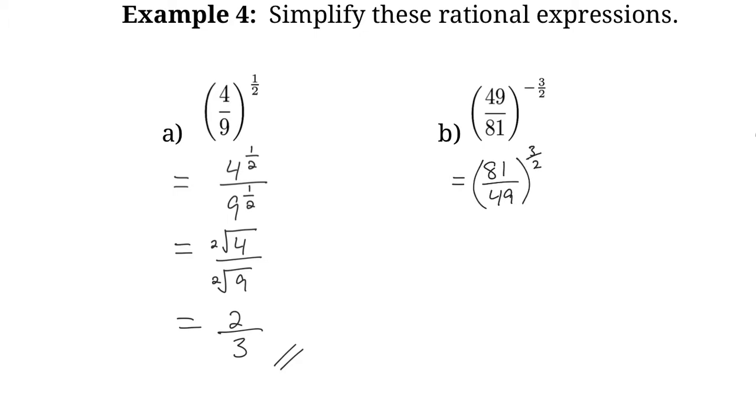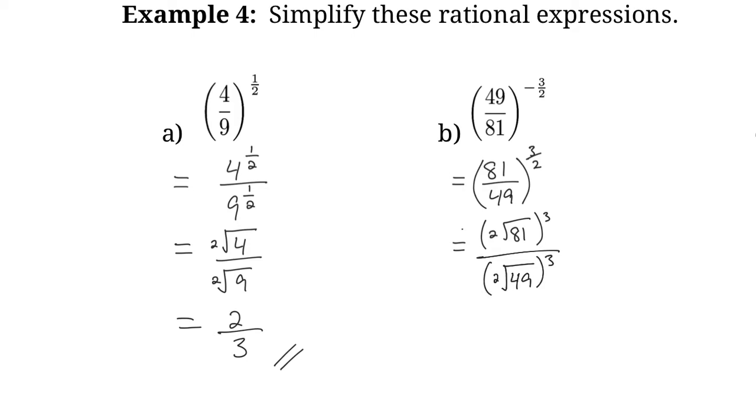And we already know that that exponent of 3 over 2 applies to both the numerator and denominator. But let's rewrite that right away as radicals. So this would be the square root of 81, and let's put this 3 on the outside so it's easier to evaluate here, and this is the square root of 49, and on the outside we're going to put that power of 3.